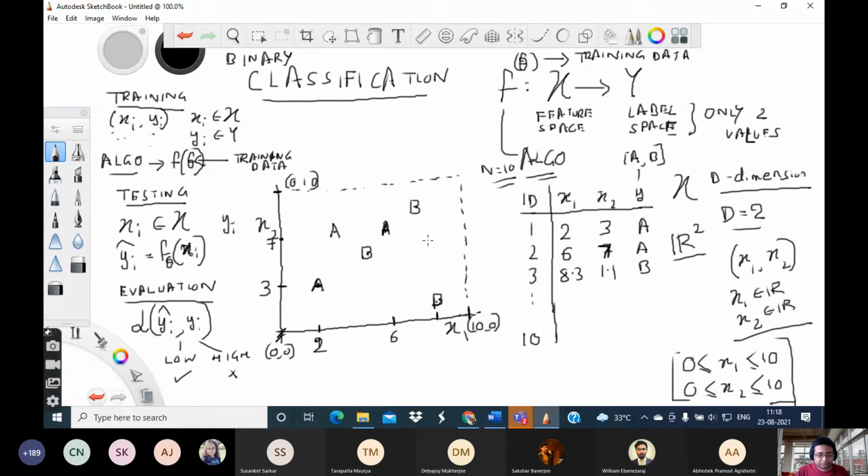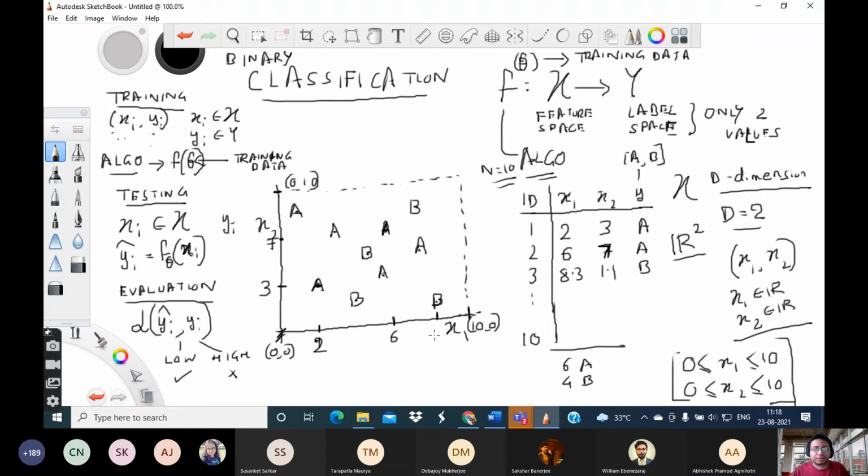I have 6 points now, 7 points, 8 points, 9 points, 10 points. Okay. So note that out of these 10 points which we have got, 6 of them are A and 4 of them are B. Right?